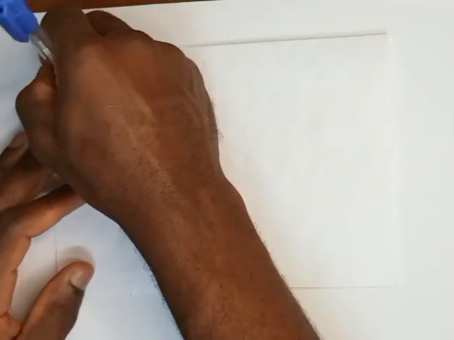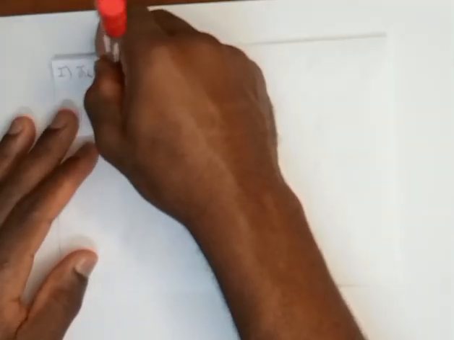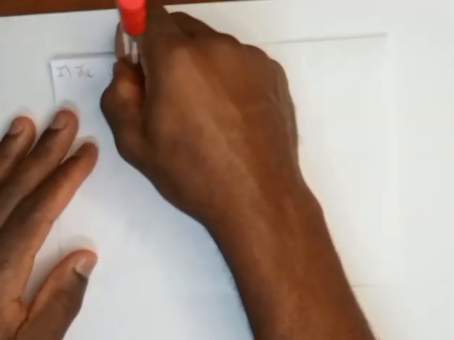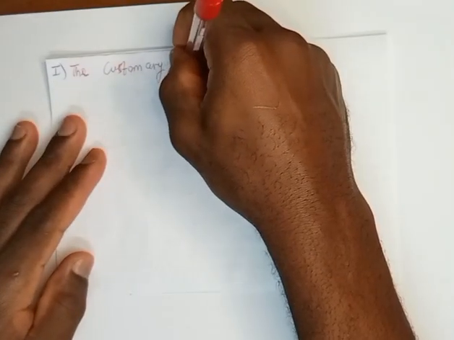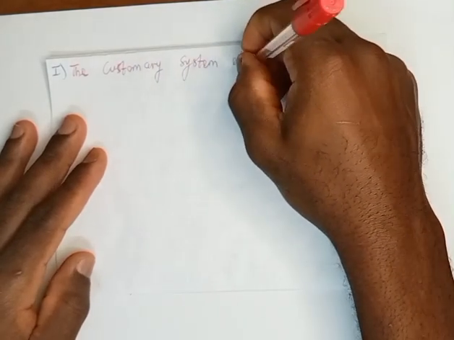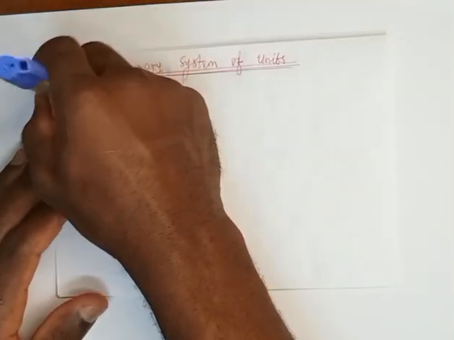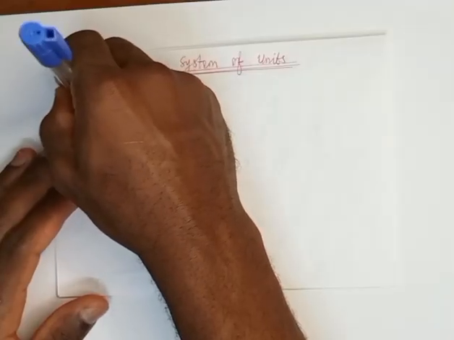1i by the margin, customary system of units. We take this down.